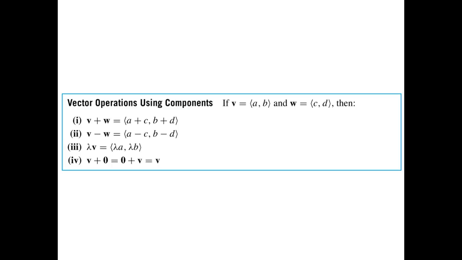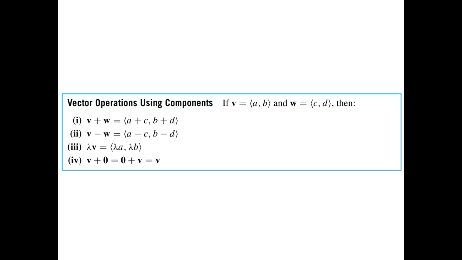For V minus W, the first component is A minus C, comma, second component of V, B minus second component of W, B minus D, close angle bracket. That's the way to do it, okay?